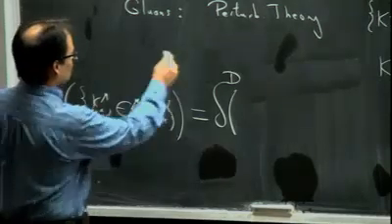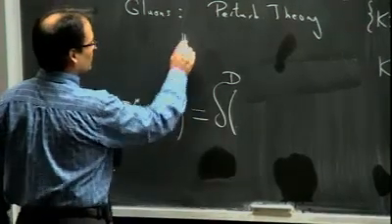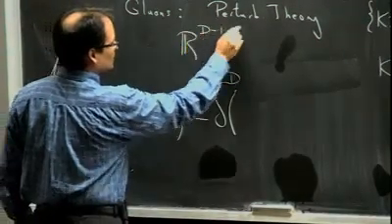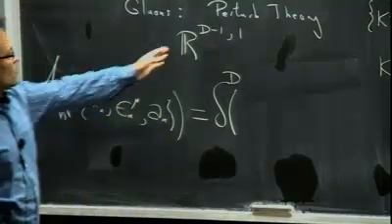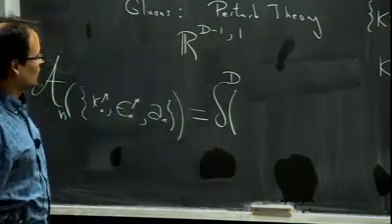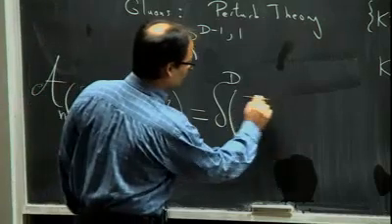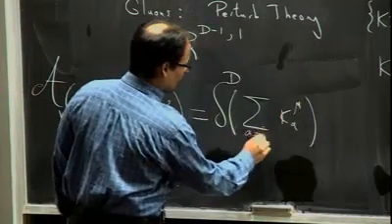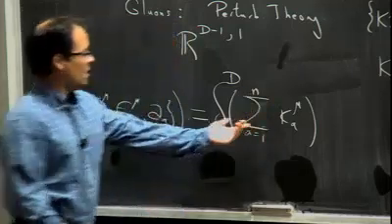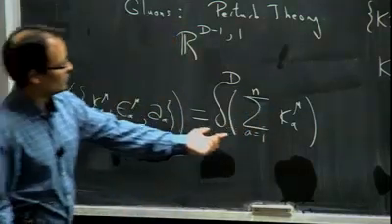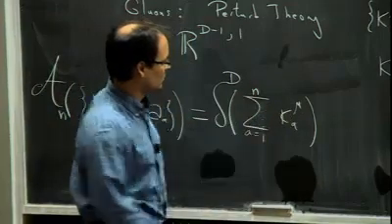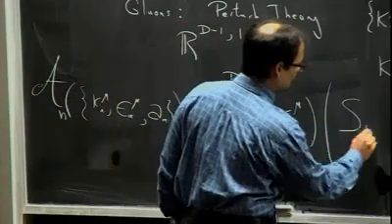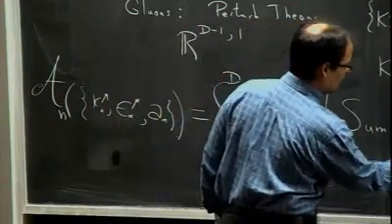And here, for the time being, I'm going to think that we are working in R^{D-1,1}, or R^{1,D-1}, depending on your choice of signature. And it's not a function because it only has support on the set of momenta that impose momentum conservation. And here we have a sum over Feynman diagrams.